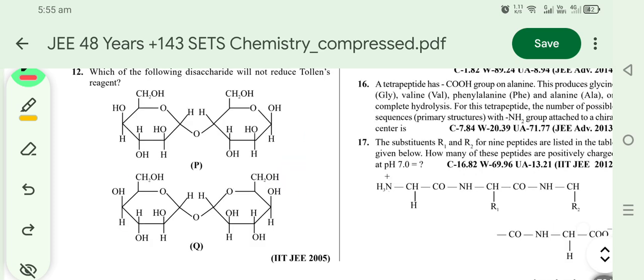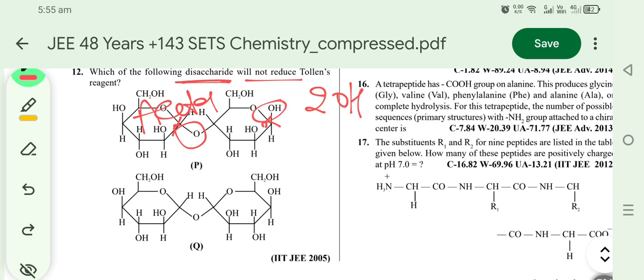Which of the following disaccharides does not reduce Tollens? In P, at the second carbon a free OH is present, so it can reduce. In Q, at the second carbon there is no free OH group and it is an acetal structure. In the other ring, the second carbon has a free OH group, it is a hemiacetal structure, and it can reduce.